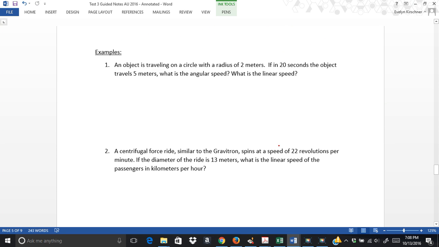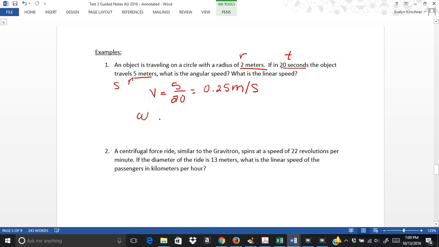The first one is I have an object traveling on a circle. It has a radius of 2 meters, and in 20 seconds, it travels 5 meters. So that's my s, that's my t, and that's my r. And I want to know the angular and the linear speed. I can find the linear speed: v is just s over t, which is 0.25 meters per second.